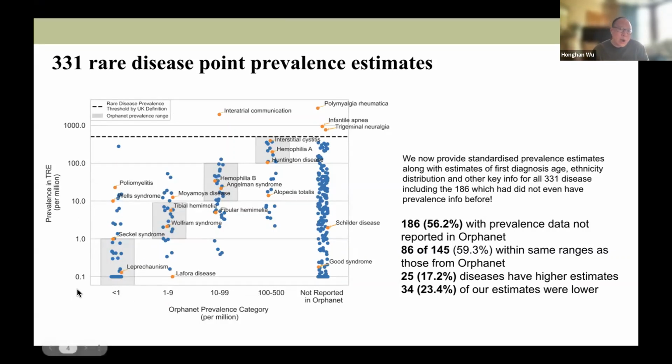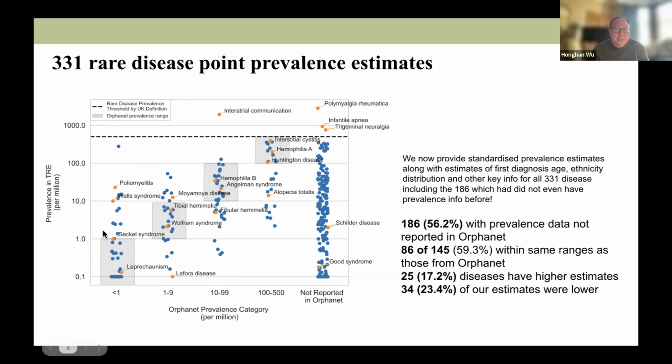The y-axis is what we observed, analyzed using 58 million English population data. The gray box sets the region where our analysis is in line with the Orphanet collated literature prevalence for these diseases.